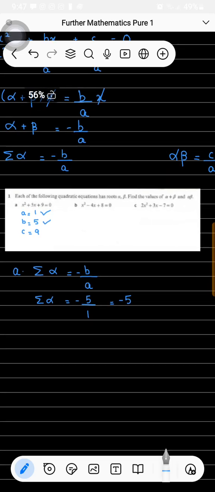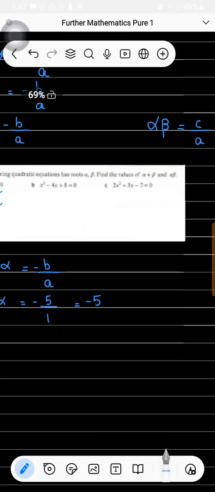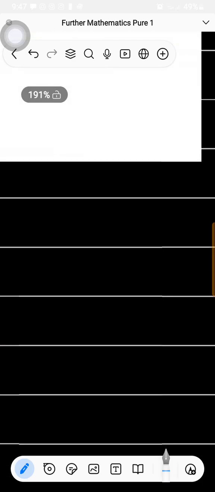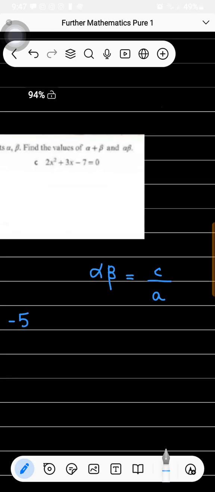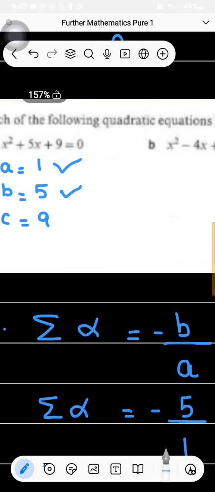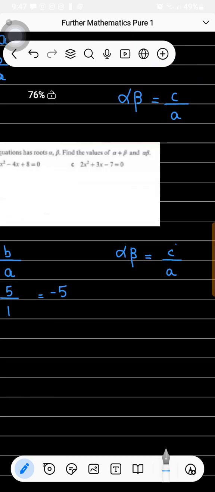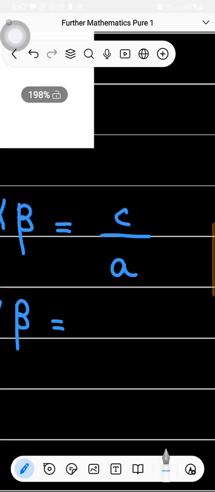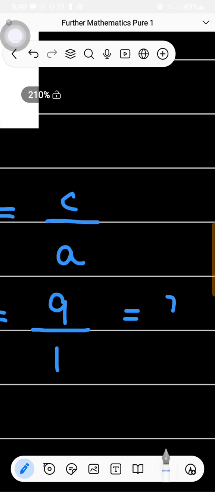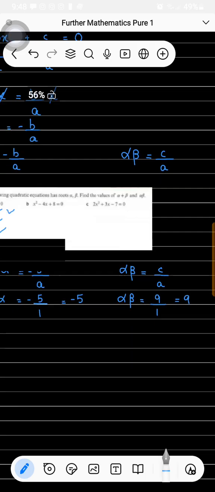Then we will also do alpha beta. The formula for alpha beta is c upon a. So what is c? c is 9 and a is 1. So alpha beta equal to 9 upon 1, which is equal to 9.